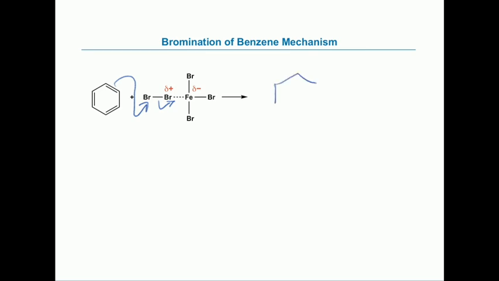So the intermediate we can generate from here, the same smiley alien, Br, and you can think of this as FeBr4 minus. It's an iron minus type complex because what we've done is we've pulled those electron densities over to that system.